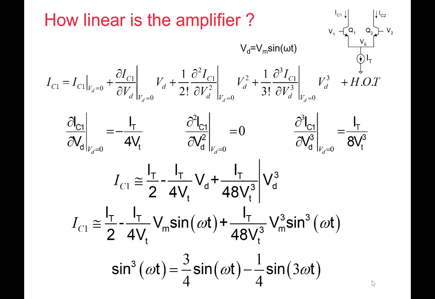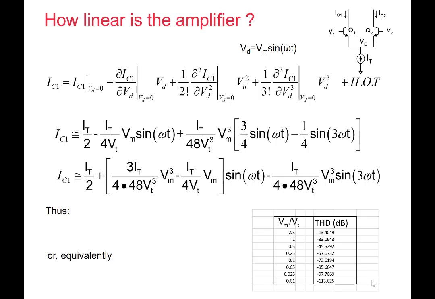I plug that back in, and I find that the collector current is equal to some constant, Q point, plus something times the sine of omega t, plus something times the sine of 3 omega t.